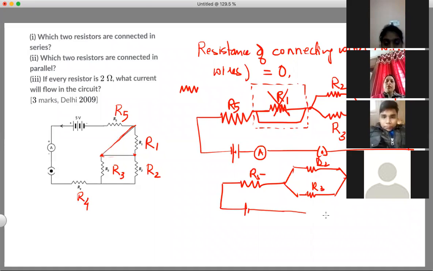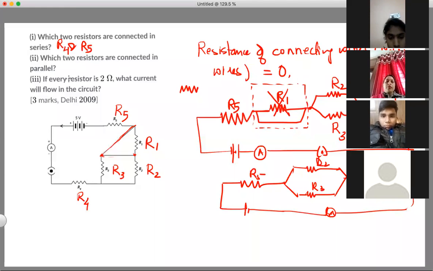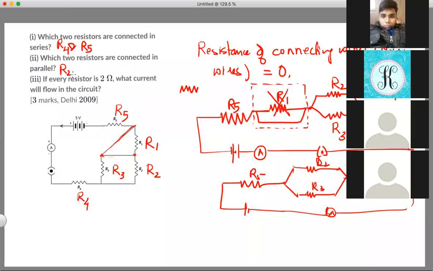R5, R4 and R4. So what are in series? R4 and R5, right? Clearly. Which are in parallel? R2 and R3.